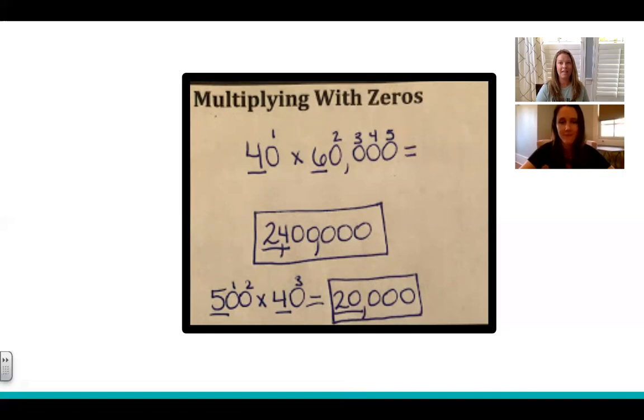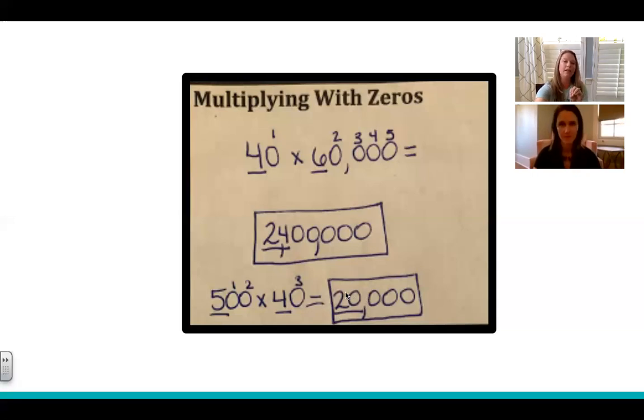And then there's only one trick with the zero trick, and that is when you're multiplying with numbers that actually have a 0 in the product. So in this example, we have 500 times 40. I'm doing 5 times 4 first. That gives me 20, so this 0 gets grouped with that number 20.